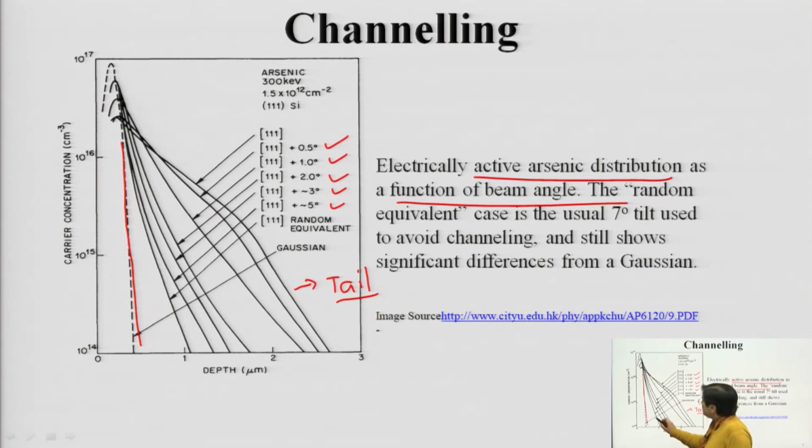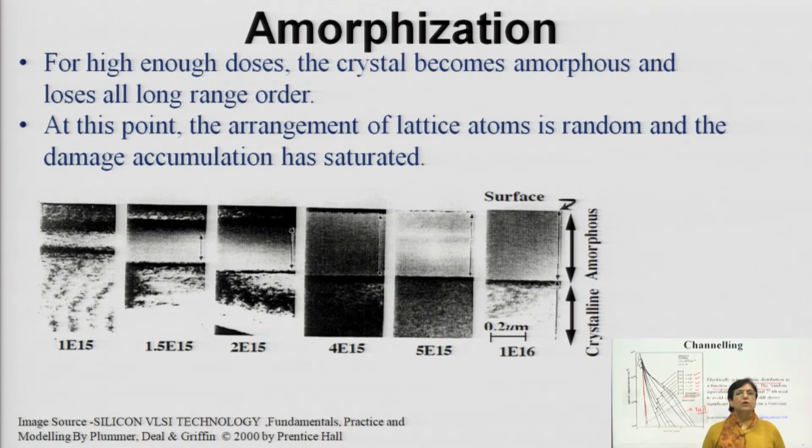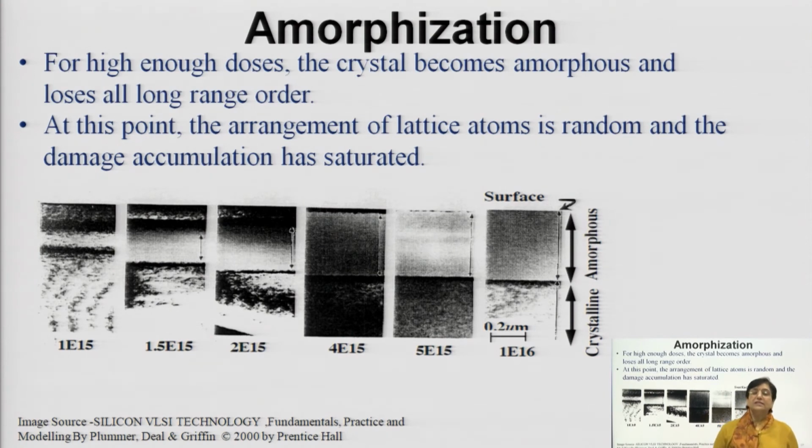This is the random equivalent Gaussian profile. As you go away, this is the 111 profile, this is plus 0.5, 1 degree, 2 degree, and every degree change changes the profile. So it is very sensitive to the angle at which the beam is striking.